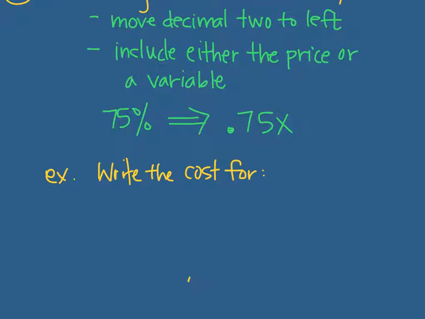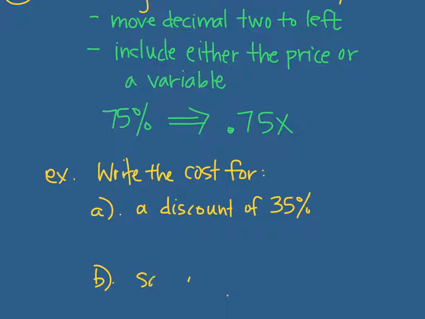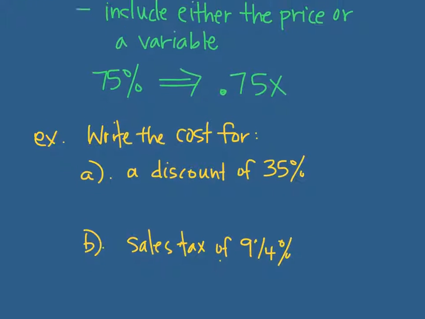All right, the first thing we're going to write the cost for, part A, is a discount of 35%. And then part B, sales tax of 9.25%. All right, I'm going to show you how to write both of those. Okay, write the cost for either a discount of 35% or a sales tax of 9.25%.